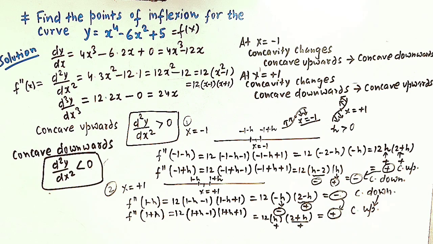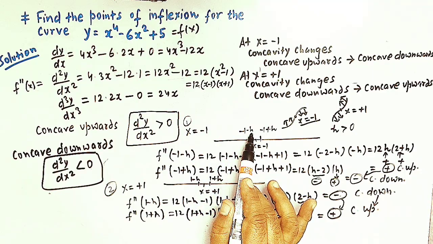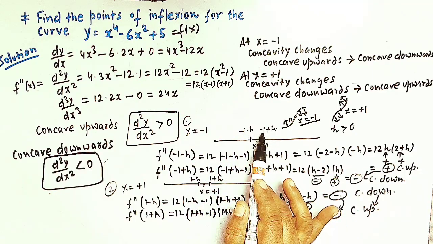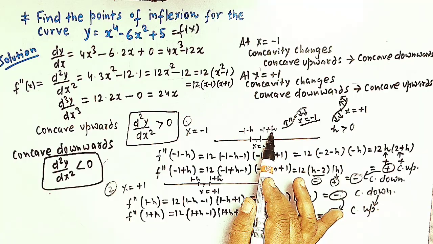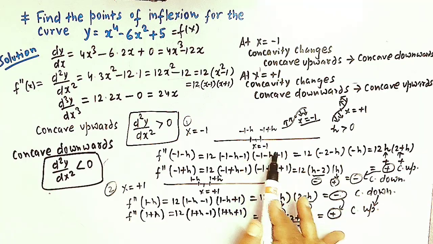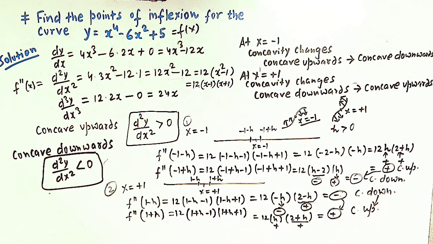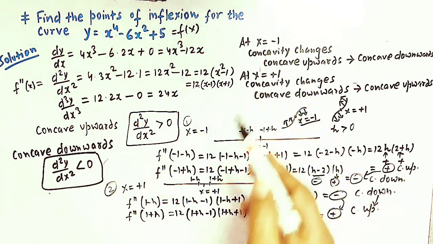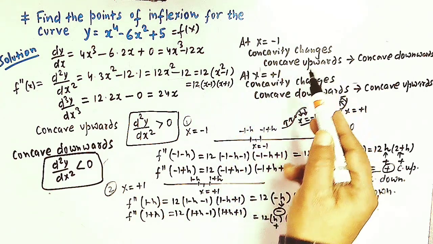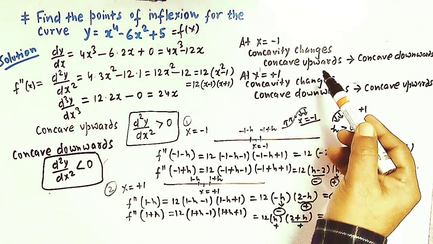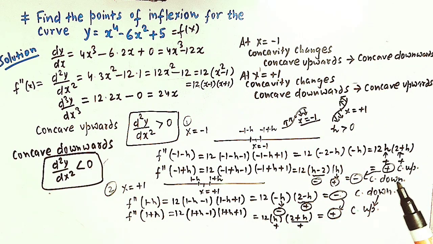That is, the concavity changes from concave upward to concave downward when we move from minus 1 minus h to minus 1 plus h through x is equal to minus 1, right? So here x is equal to 1 and minus 1 are the points of inflection, because the concavity changes from upwards to downwards, or from concave downwards to concave upwards.